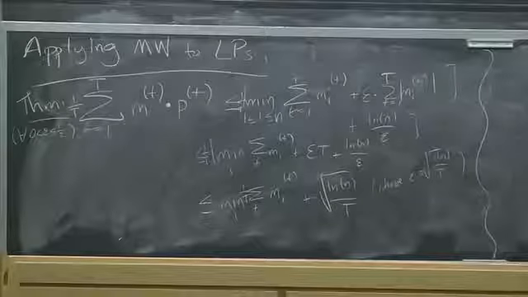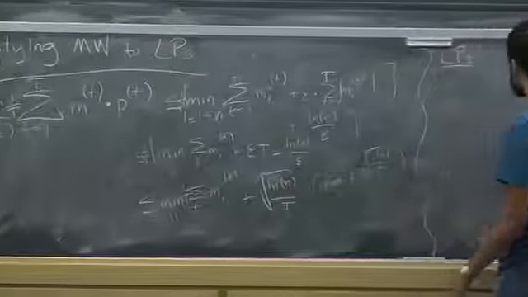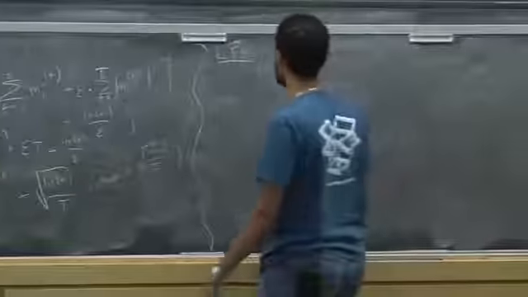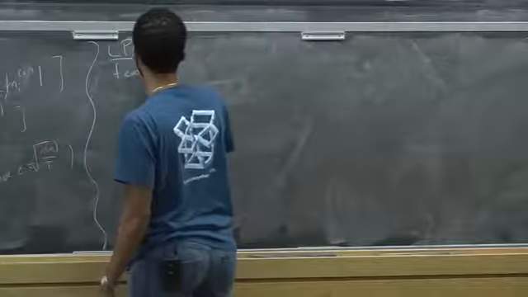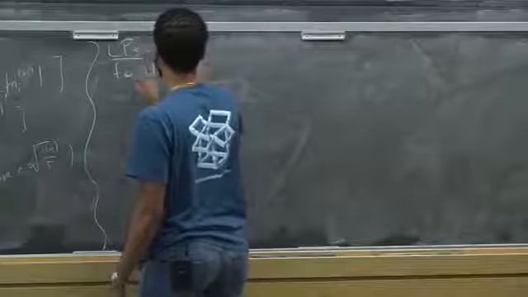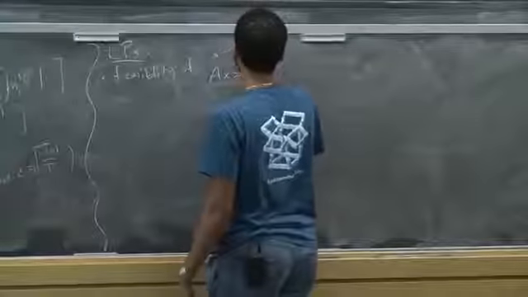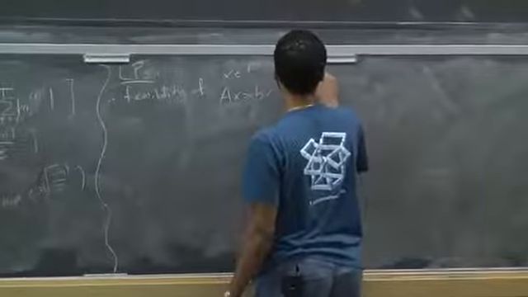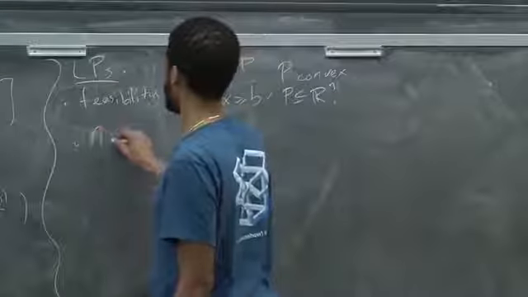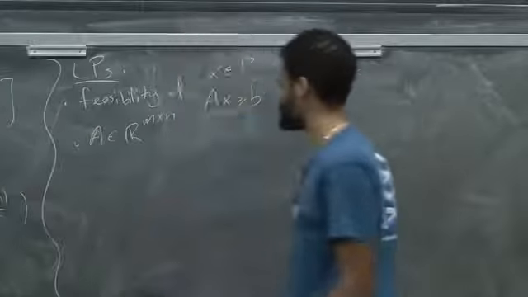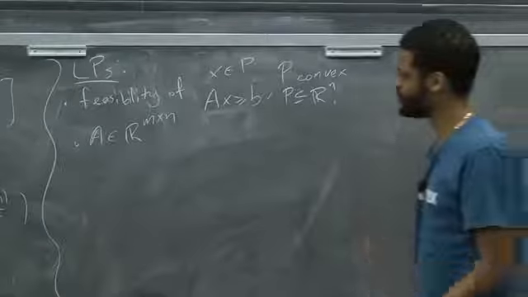So now let's apply this to LPs. I want to check feasibility of whether there exists x in P such that Ax is at least b, where P is some convex set and A is an m by n matrix. And I want to give a definition.